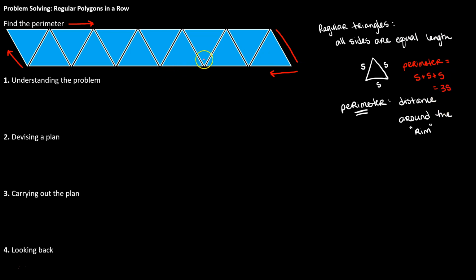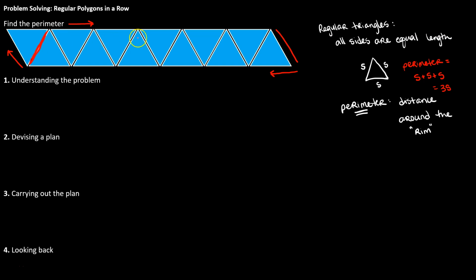But when we stack them up, we lose a side. For example, when we're seeing the first triangle stacked next to the second triangle, we would not count this middle side between them when we count the perimeter sides, because this side is not on the perimeter.